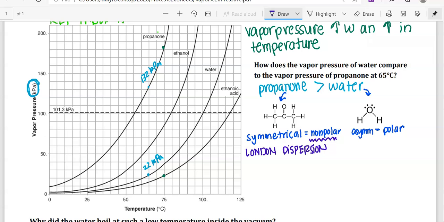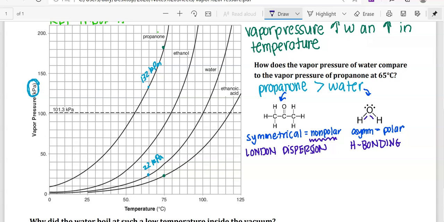And because water is polar, we would probably say it experiences dipole-dipole forces. But you do need to ask yourself, does it fall under our special dipole-dipole force of hydrogen bonding? Because it contains those H-O bonds, it does fall under that, and it experiences hydrogen bonding.